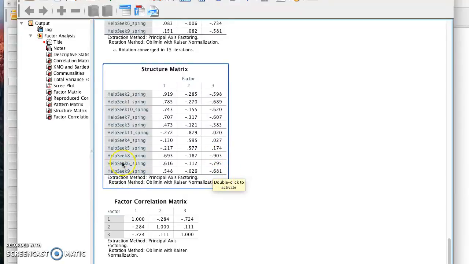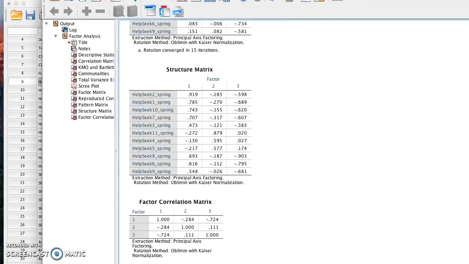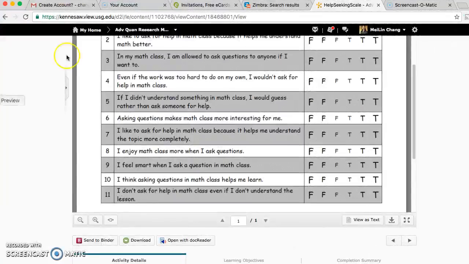For this third factor, if you go back to read the items, let me bring up the items. You will find 6, 8, and 9: class is more interesting if I ask questions, I enjoy when I ask questions, I feel smart.